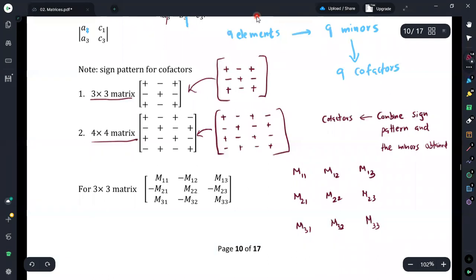This is the way that we are writing down the minors, because for the first row, first column element, we have identified the minor and named it as M11. Now we have to combine the minors with the sign pattern.